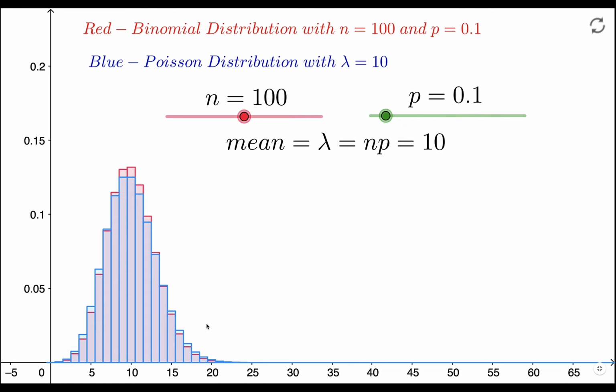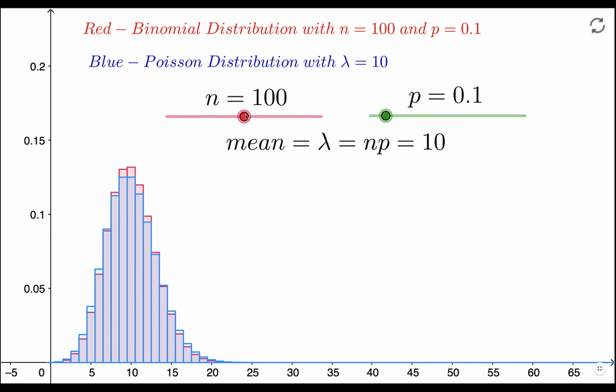Here is a nice demonstration of the simple Poisson approximation of binomial distributions. Overlapping here, we have the probability mass functions displayed for a Poisson distribution in blue and a binomial distribution in red, with parameter n being 100 and p being 1/10 for the binomial, and total parameter lambda being n times p for the Poisson.